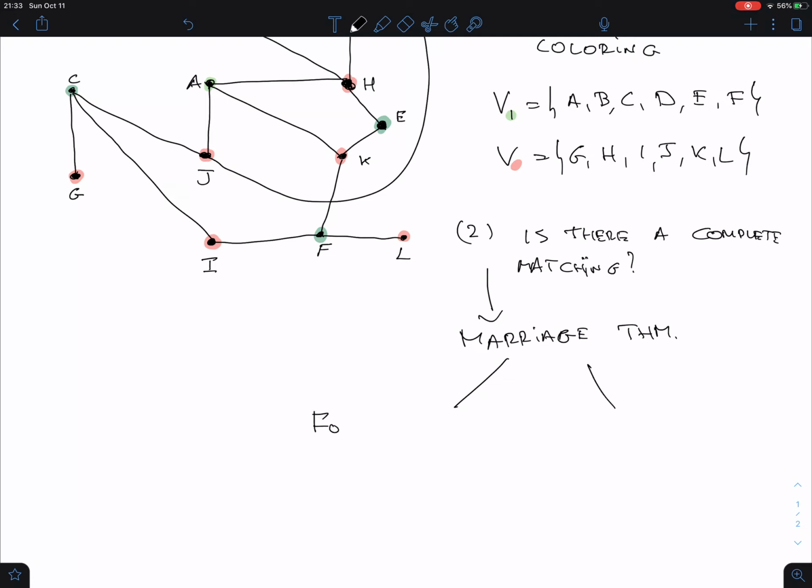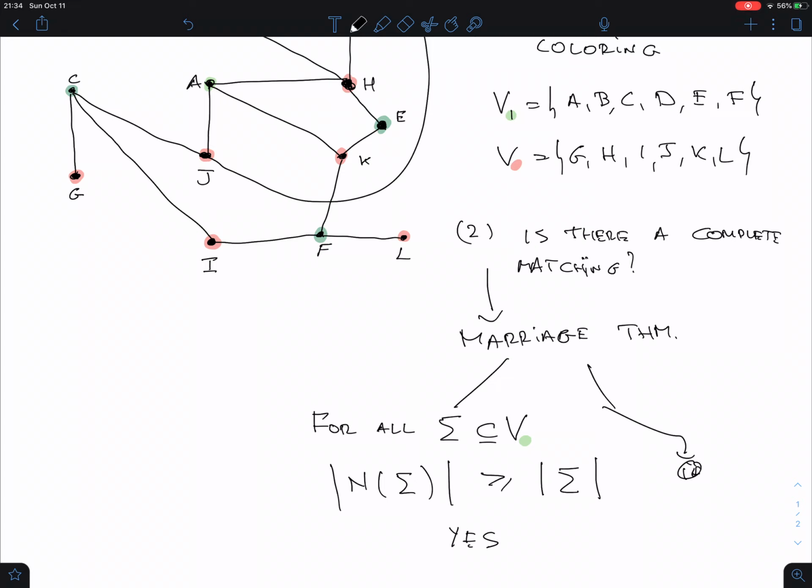If for all subsets of the green nodes, V green, all subsets, not just single ones, but perhaps 2 or 3 of those, the size of the neighbors of that set is bigger than or equal to the size of the set itself, then yes. Otherwise, no. So this is the thing that we have to check. If we have this inequality always holding, then yes. If not, then no.